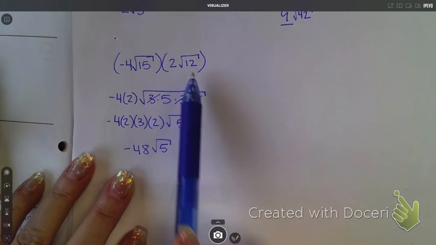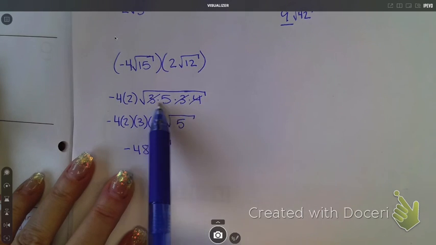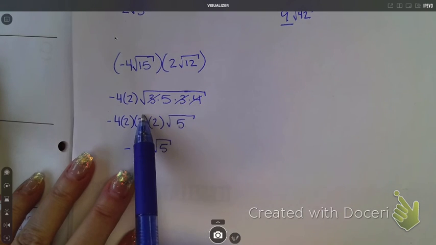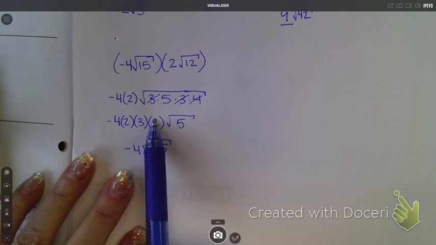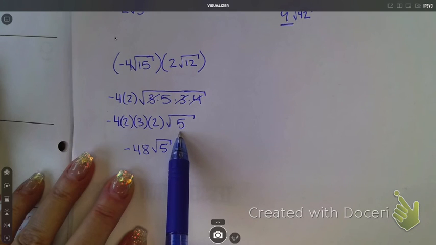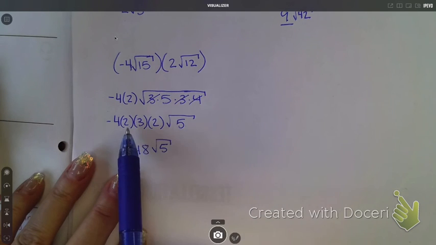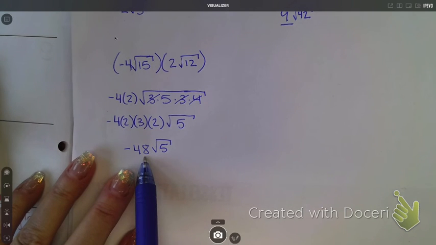I broke down 12 to 3 and 4. So I have a set of 3s, so a 3 can come out, yes? And the square root of 4 is 2. So I'm only left with 5. Now, 2 times 2 is 4, times 4 is 16, 16 times 3 is 48. Pretty sure my multiplication's right.